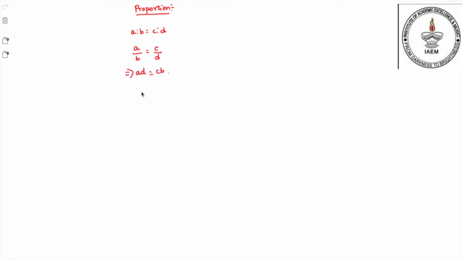From here, we devise a formula which is used often: product of extremes. Why product of extremes? Because A and D are the extreme terms, is equal to product of means. The terms B and C are the mean terms, that means which are in the middle.